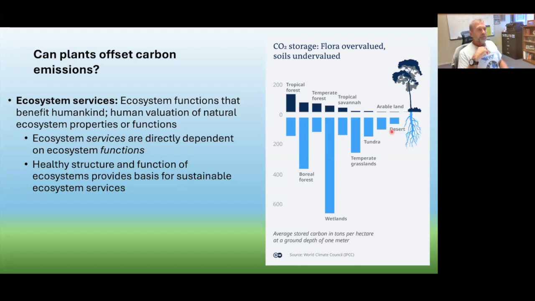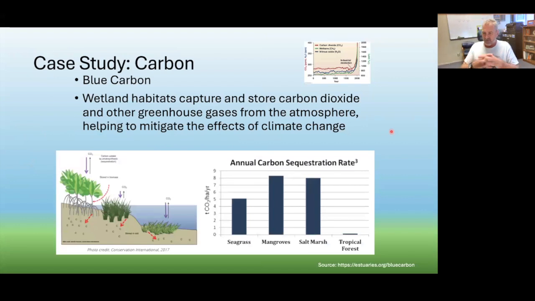So when you look at human economies, oftentimes they don't factor that in. But that's starting to change, again because these ecosystem services are free. They're happening in the background anyway, right? They've been going on for hundreds of millions, even billions of years.